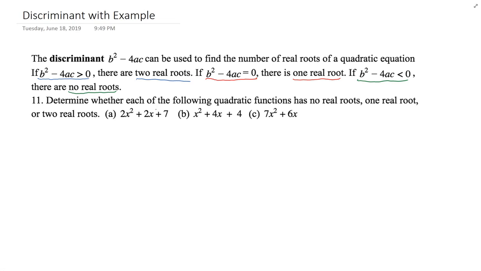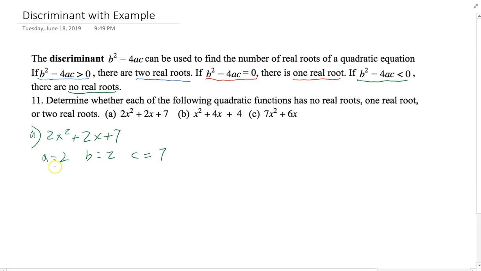If we're going to use b squared minus 4ac, for the 2x squared plus 2x plus 7, a would be equal to 2, b would be equal to 2, and c would be equal to 7.